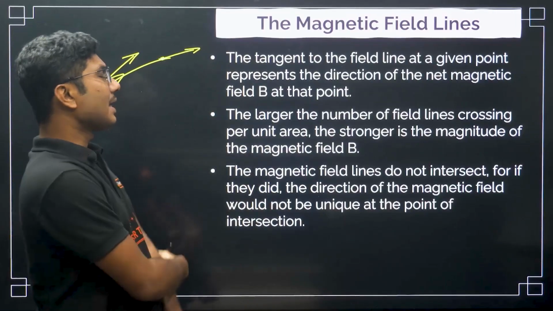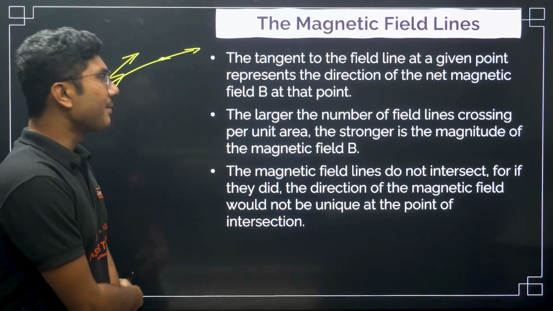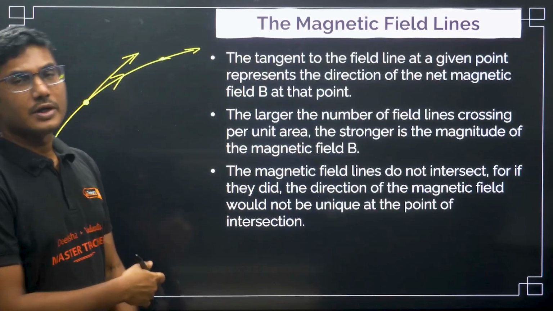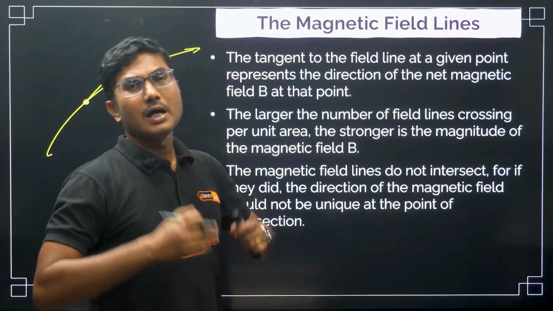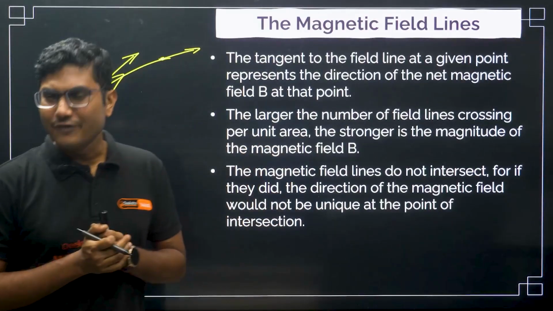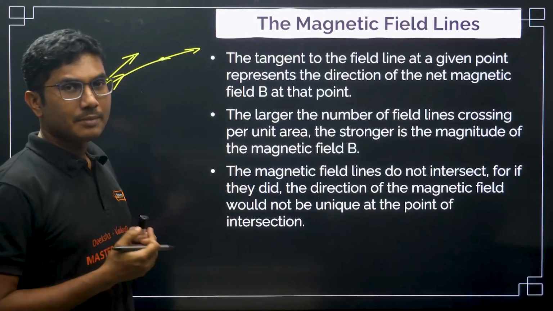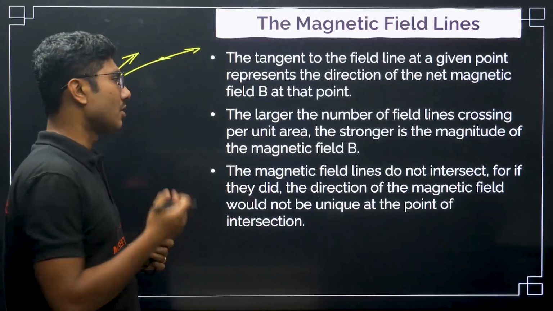The larger the number of field lines crossing per unit area, the stronger is the magnitude of the magnetic field. So if the magnetic field is stronger, the field lines will also be more. More field lines mean a stronger magnetic field, fewer field lines mean a weaker magnetic field.